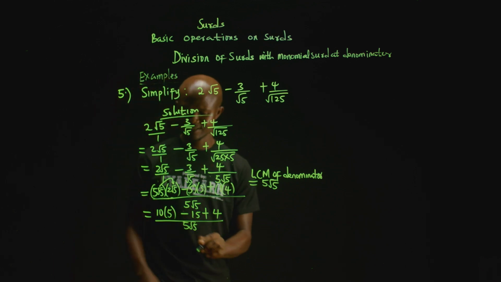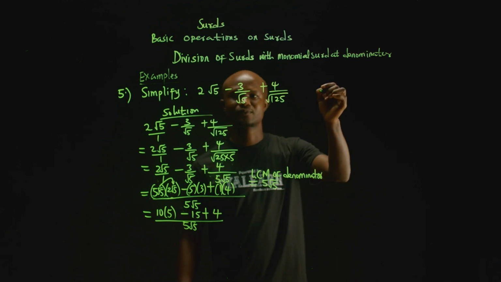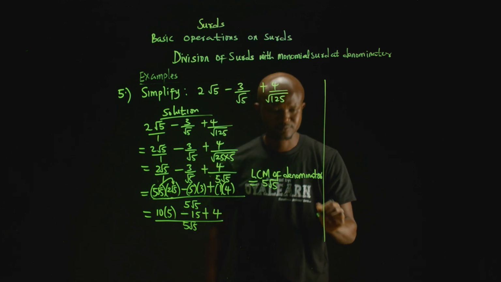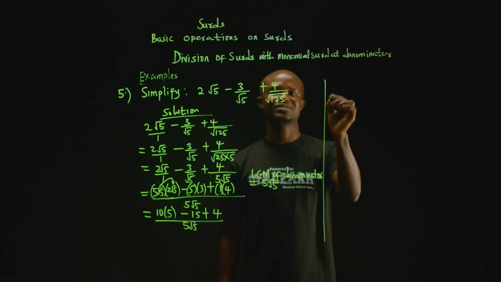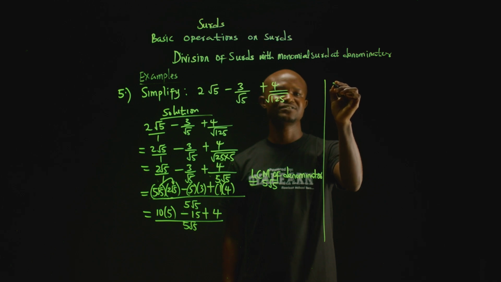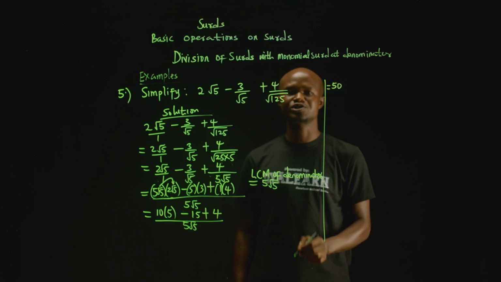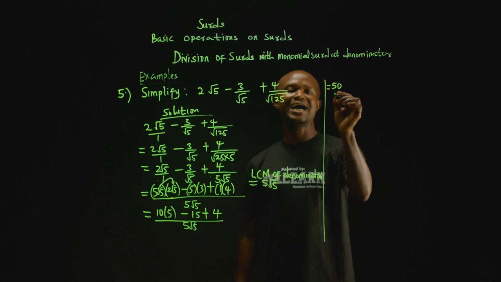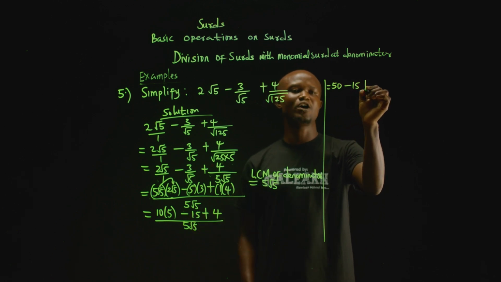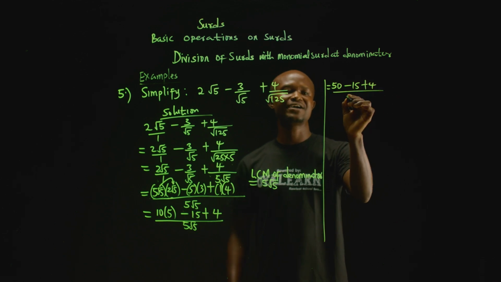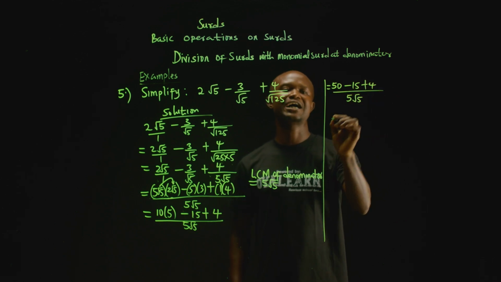So in this case, we have, now, 10 times 5 will give us what? That's 50. This is equal to 50 minus 15, then plus 4, divided by 5 root 5.